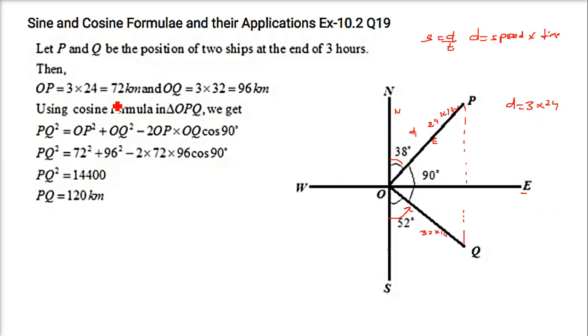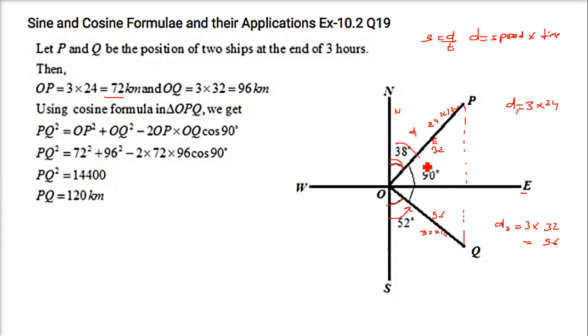So 3 into 24, which is 72 km. Let us say this is d1, this is d2. How much distance has this traveled for 3 hours at 32 km an hour? So you get 96. So this is OP, the distance OP, which is 72, and this is the distance which is 96. So now we have to find out this angle, and see, this is 38, this is 52.